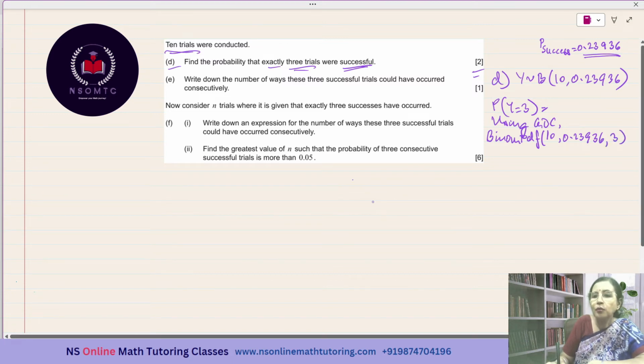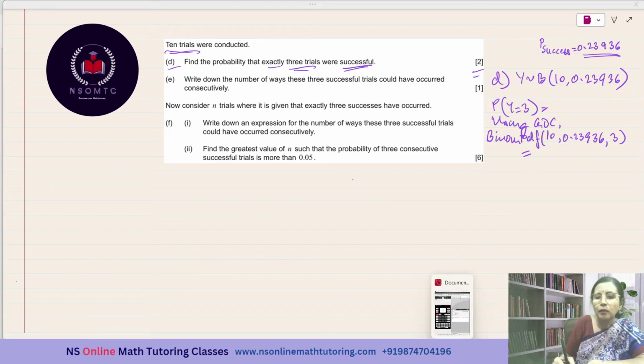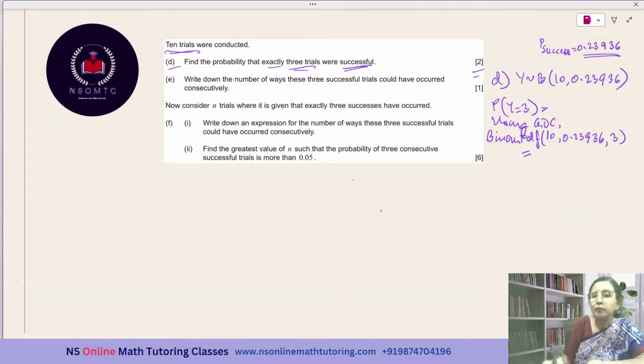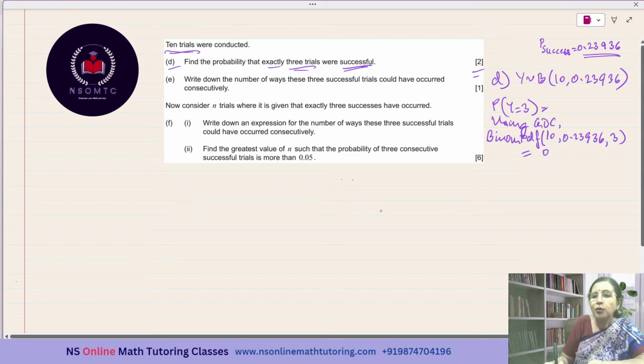This is equal to 0.242. I'm taking 3 significant figures, okay? Equal to 0.242, correct to 3 significant figures.